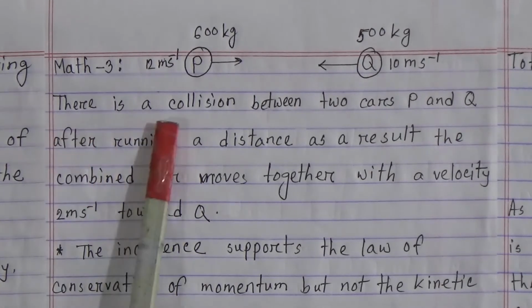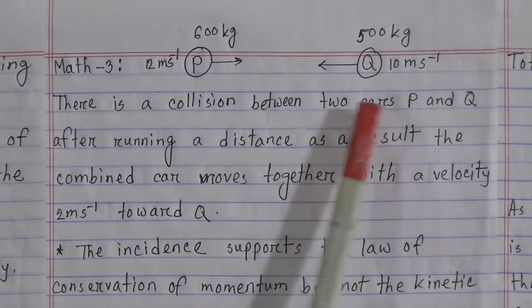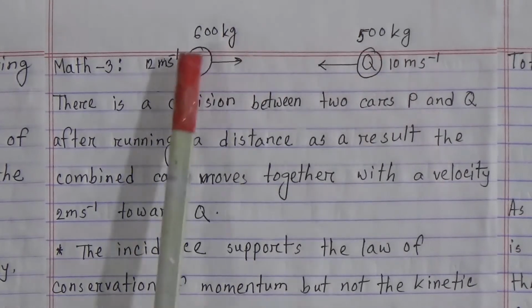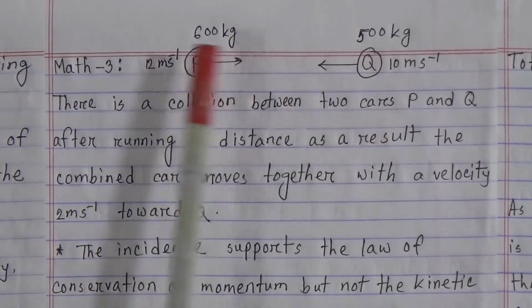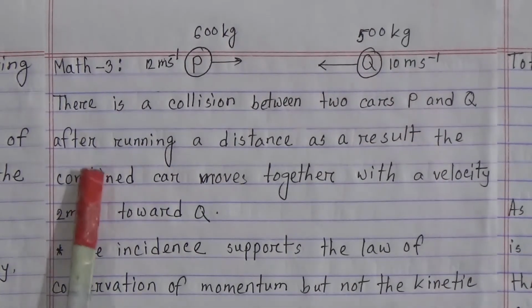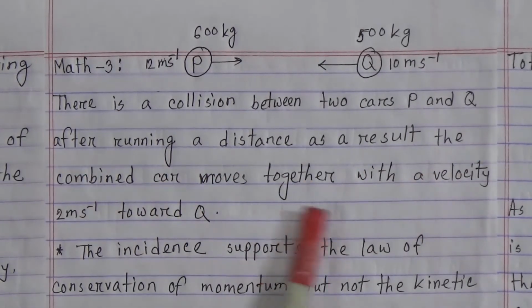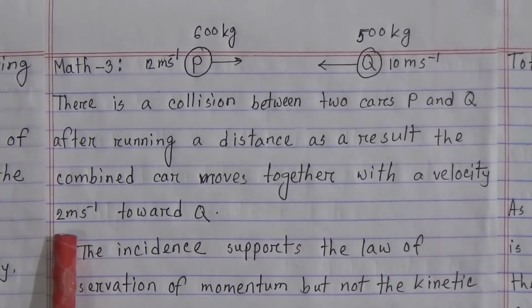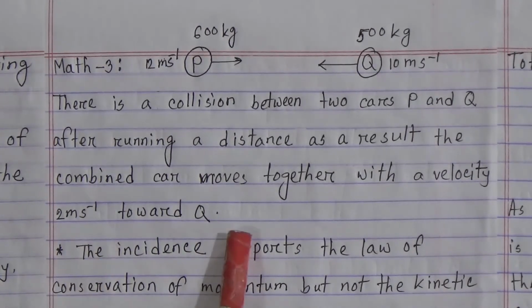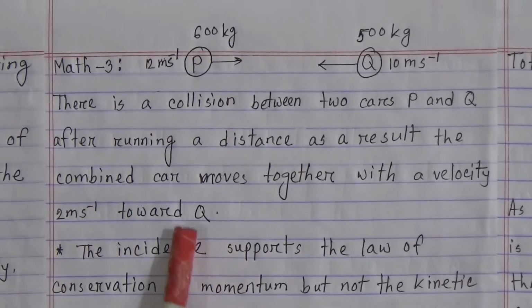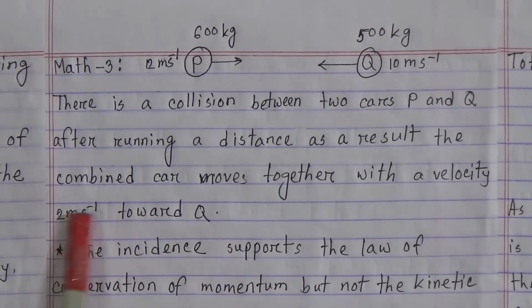There is a collision between two cars P and Q, and as a result the combined car moves together with a velocity of 2 meter per second towards Q. This is the combined velocity v.